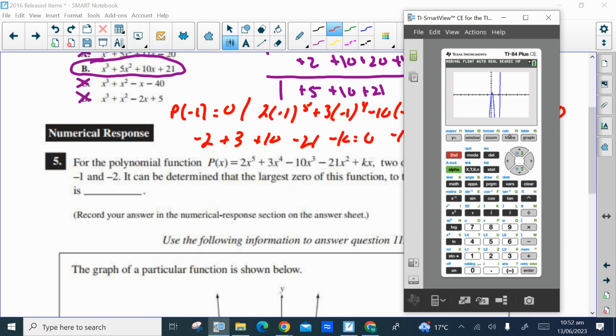So second function trace, we want to find the zero, which is number 2, and I will go between a left boundary of positive 2 and positive 3, and it is to the nearest 10th.